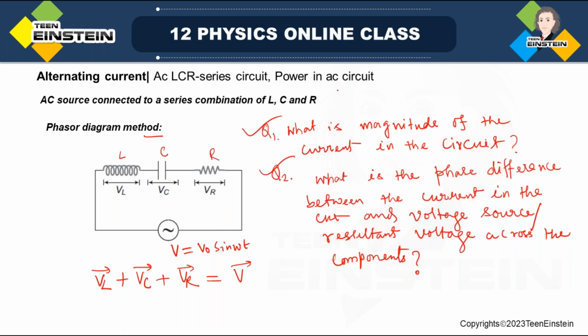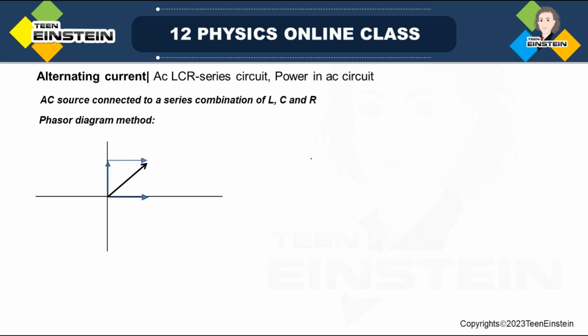And if time permits, then we'll discuss about the power in AC circuit, or we can say power dissipated in AC circuit per cycle. We'll see that.